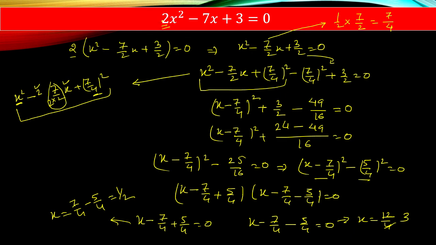First of all, we have made the coefficient of x square 1, then we got the half of the coefficient of x, and then we added the square of this half of the coefficient of x, and also we have subtracted the same.